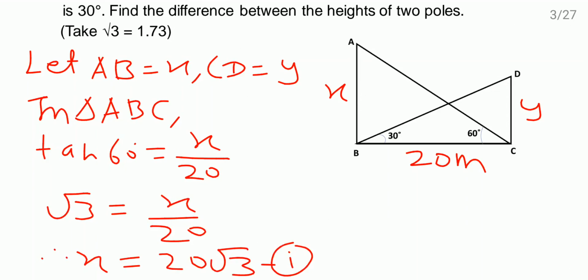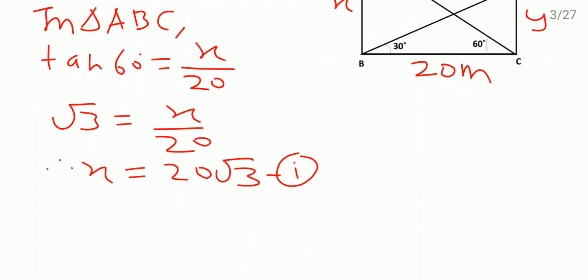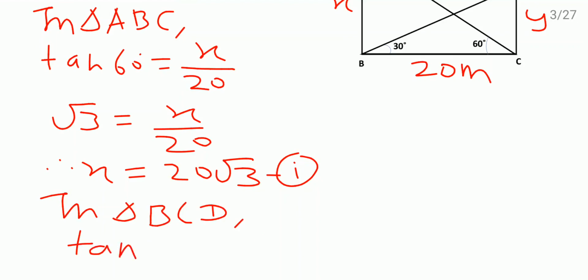Now consider triangle BDC. So here I'll write down in triangle BCD, tan 30 degree, which is equal to opposite side, that is Y by 20.